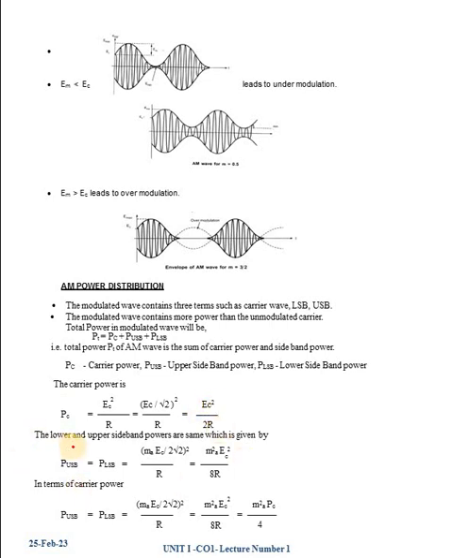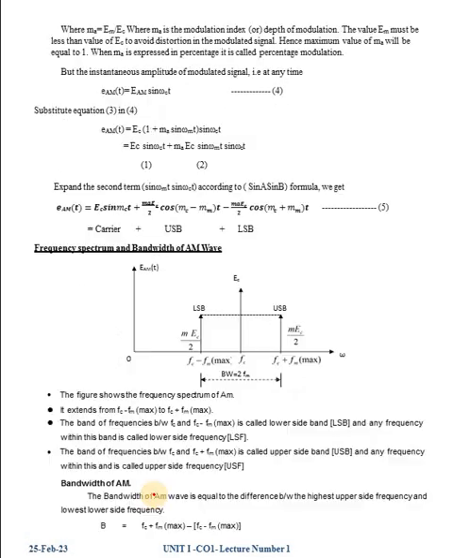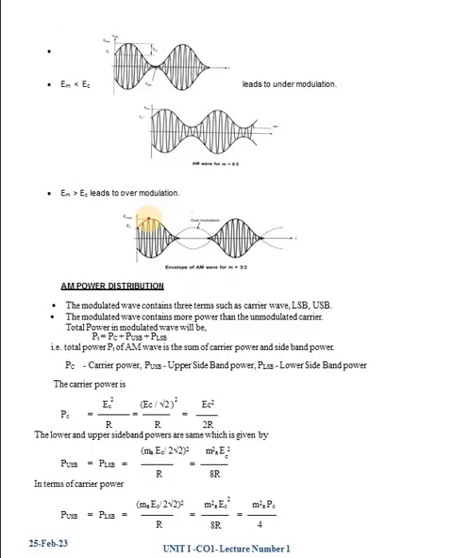Similarly, we can find it for the lower and upper sideband power also. So PUSB and PLSB are equivalent to, what is the magnitude of the lower sideband and upper sideband? So from this equation we can say that it is MA EC by 2. So the maximum magnitude of the lower sideband and upper sideband is considered as MA EC divided by 2.